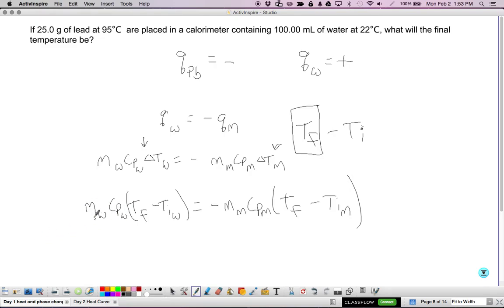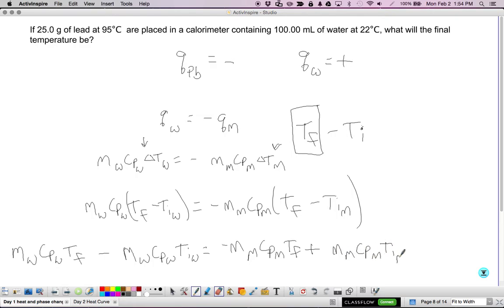On the next line, I'm going to distribute everything. Mass of the water, C_P water, times T final, minus mass of the water, C_P water, T initial water, equals negative mass of metal, C_P metal, T final, and then a negative times a negative is a positive, so plus mass of metal, C_P metal, T initial metal.